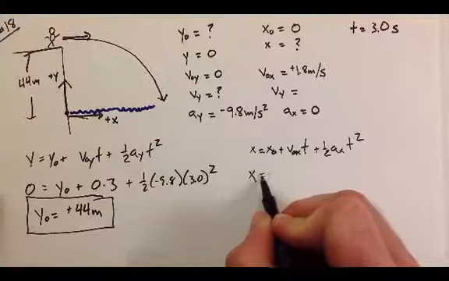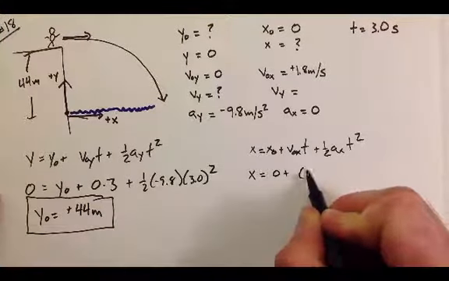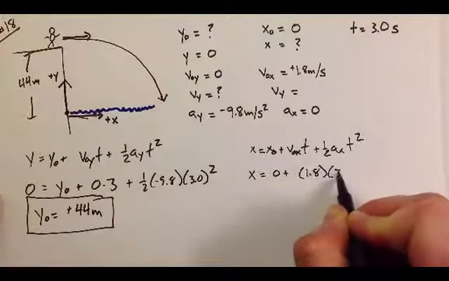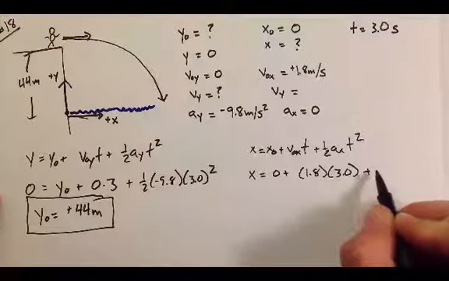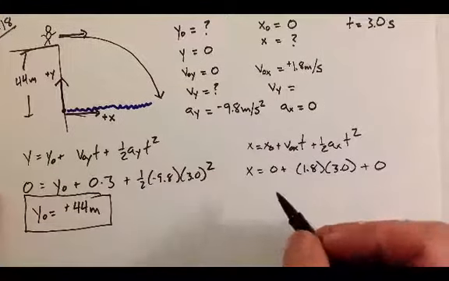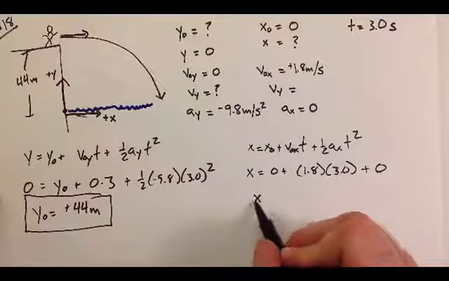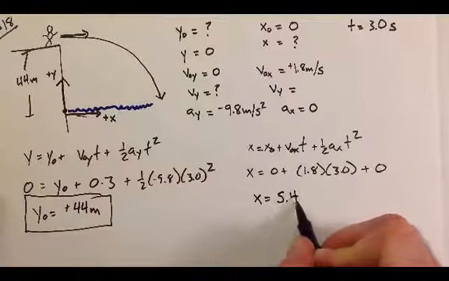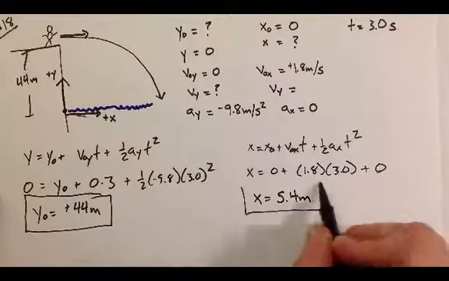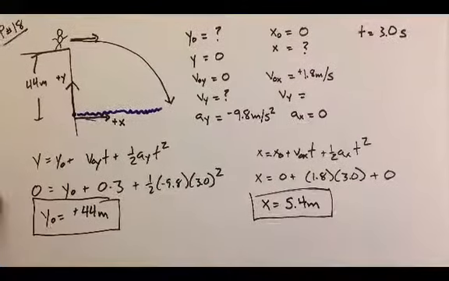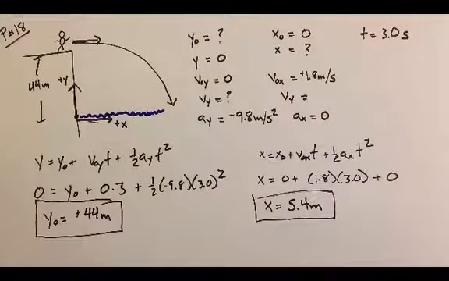So final x is equal to 0 plus 1.8 times 3.0 plus 0, because ax is 0. And therefore, final x is equal to 5.4 meters. All right? And we'll just highlight that answer there.